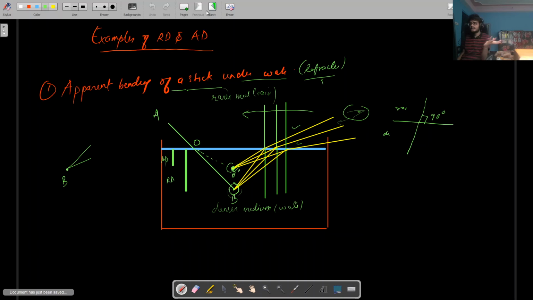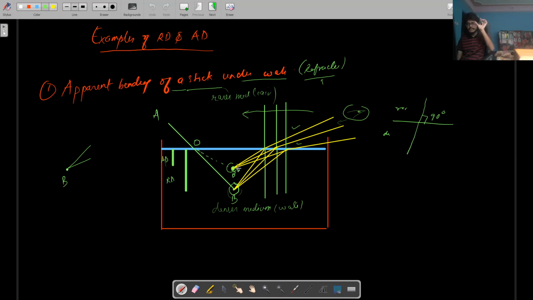They are genetically engineered to know about this thing. Maybe that's why they can so accurately catch the fish. The apparent bending always happens inside water, right? The fish will be at a depth shorter than what it actually is, so the bird will find the fish a little bit higher, closer to the surface.